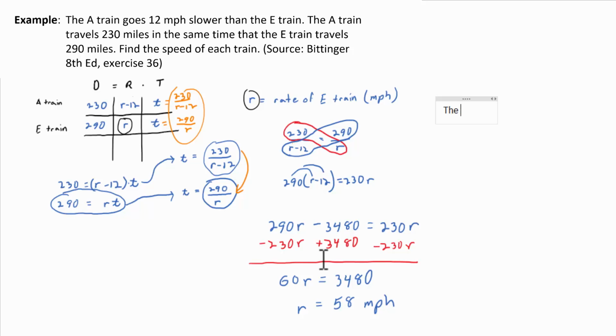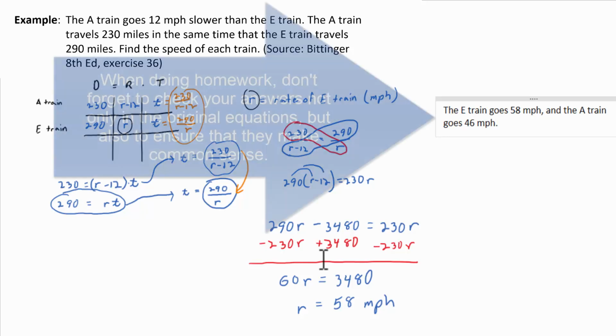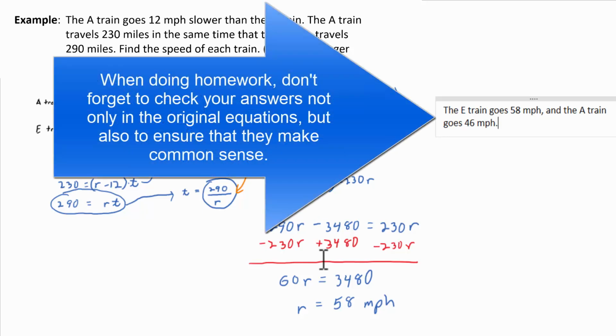You could say the E train goes 58 mph, and the A train goes 12 miles per hour less, so 46 mph. Does everybody see where the 46 comes from? Okay.